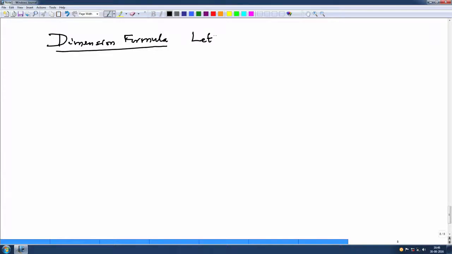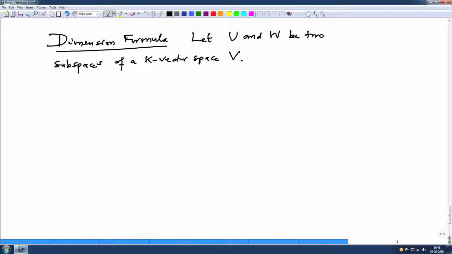Let U and W be two subspaces of a K vector space V. We do not need to assume V is finite dimensional, we only need to assume that U and W are finite dimensional.